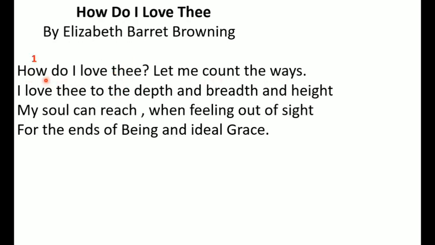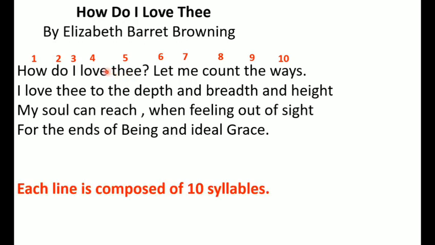First, we are going to count how many syllables there are in each line. 1, 2, 3, 4, 5, 6, 7, 8, 9, and 10. So we have 10 syllables in the first line. Now, each line in this poem is composed of 10 syllables, if we are going to analyze that.